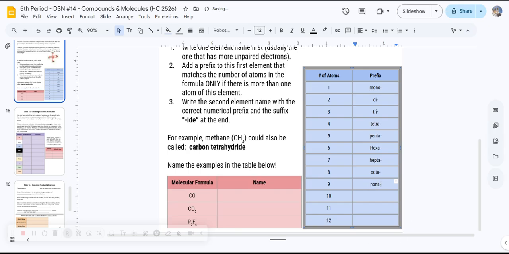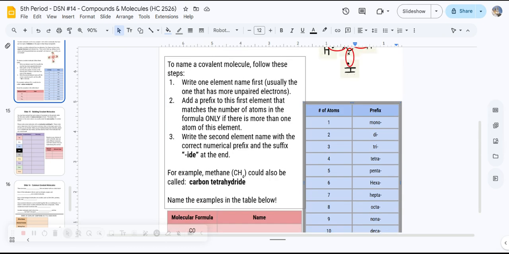A few of these are a little bit uncommon. 10, so like a decade is 10 years. Deca is going to be our prefix for 10. 1 plus 10 will be our prefix for 11, so it's called undeca. And then dodeca, like a dodecahedron that has 12 sides, would be our prefix for 12. We usually won't use those in here, but just in case you need them, there they are.